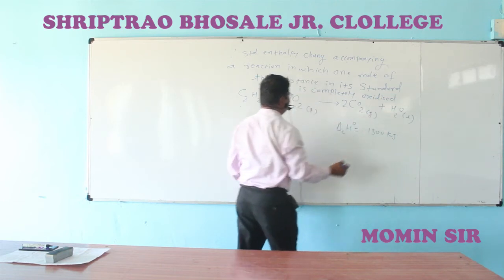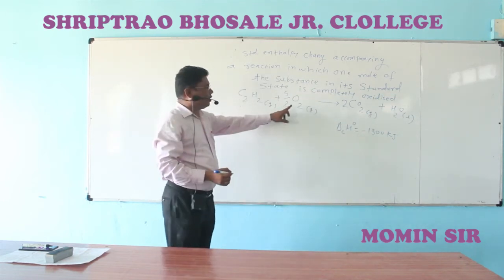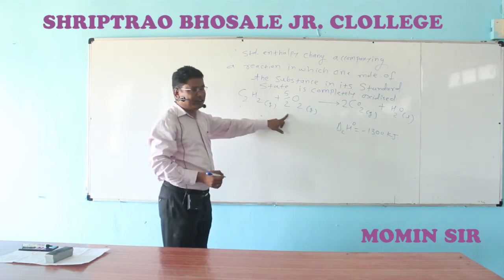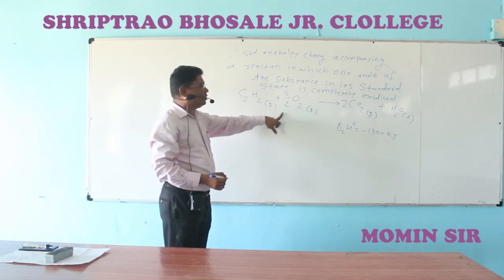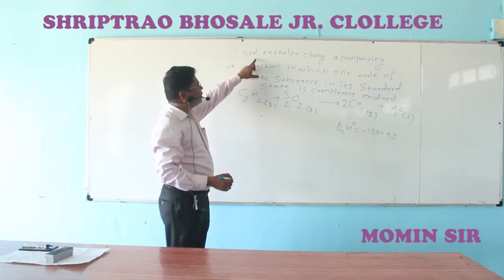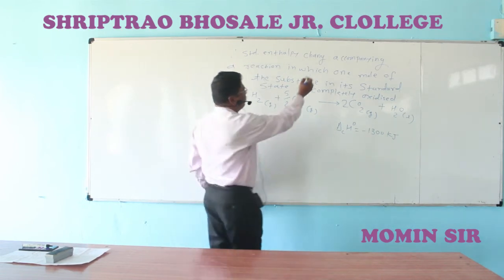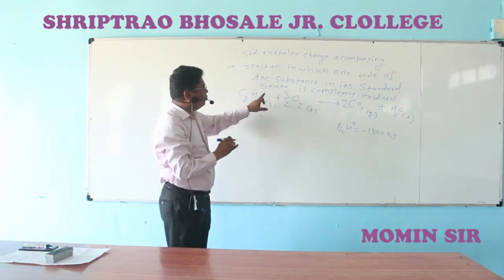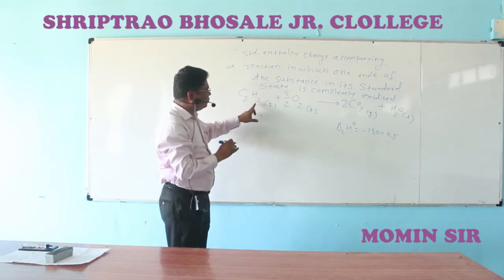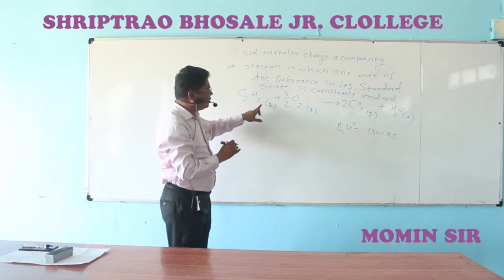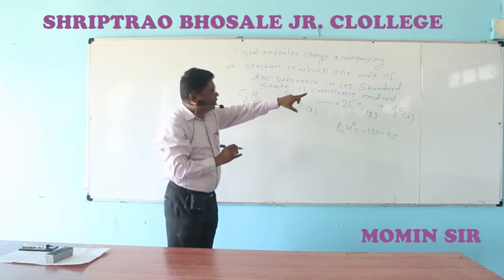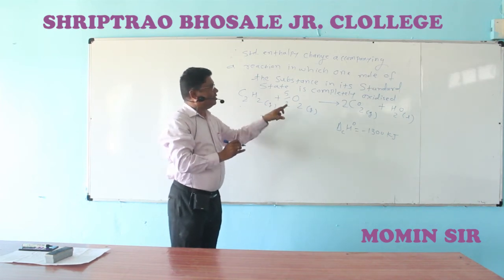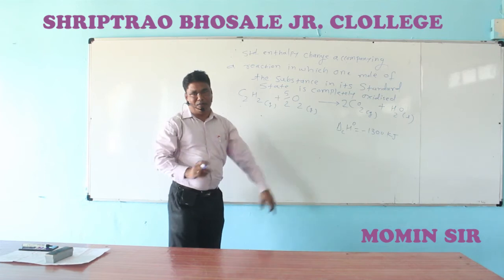Here acetylene reacts with oxygen, which means acetylene is oxidized. This reaction is also called a combustion reaction. So the standard enthalpy change accompanying a reaction in which 1 mole of a substance, that is 1 mole of acetylene gas here, in its standard state is completely oxidized, is called the enthalpy of combustion.